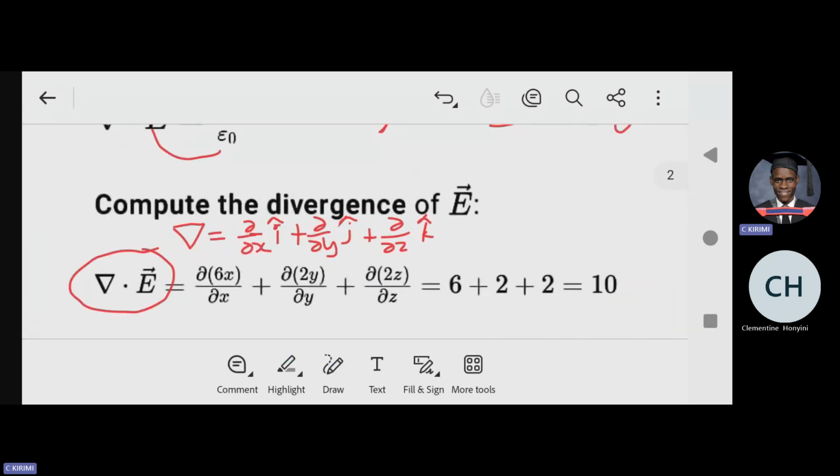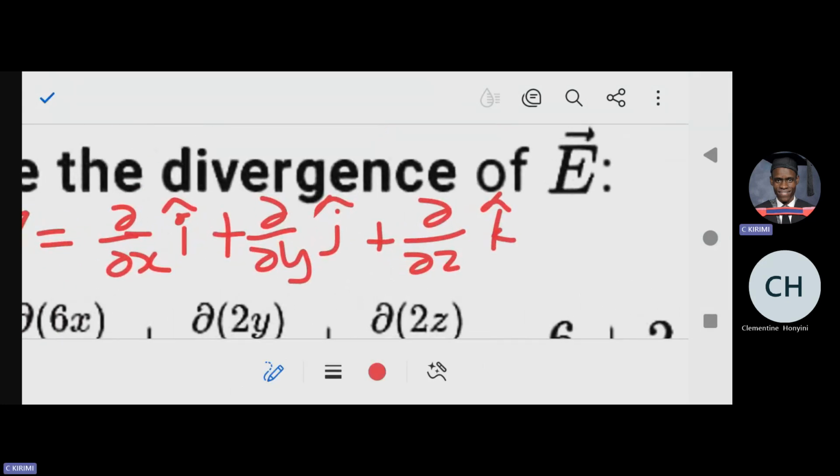E already has components, like what we were saying yesterday.